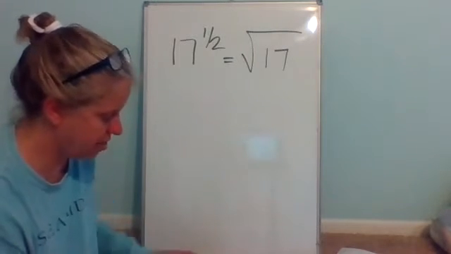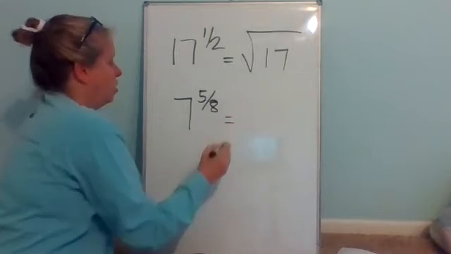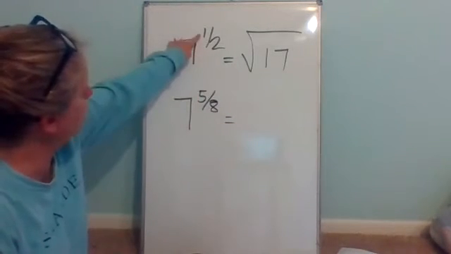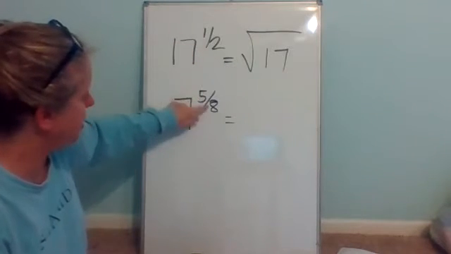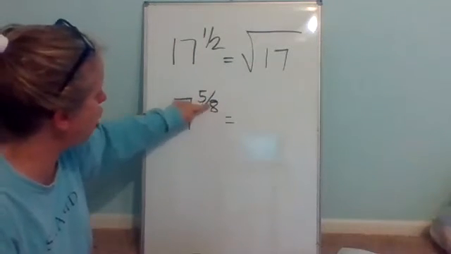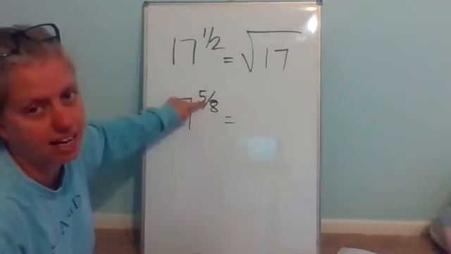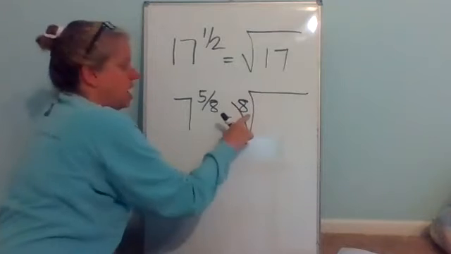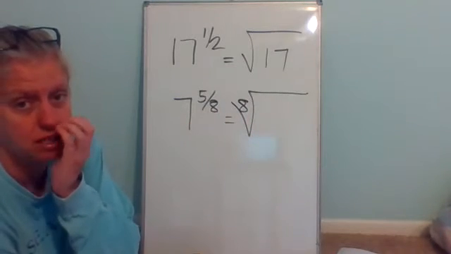Number 8, you have 7 to the 5/8 power. All the ones that we've seen so far have had 1s as the numerators of their exponents. This one's different. The bottom number always tells me what root I am taking. So that's the number that you're going to put in the little area right there, whatever the bottom number of your exponent is.